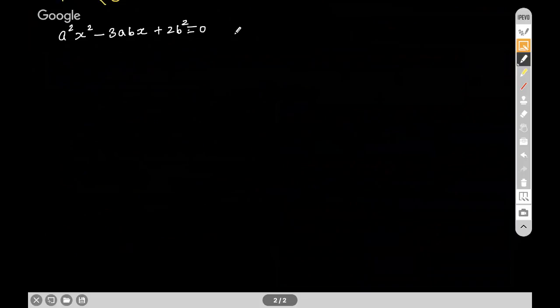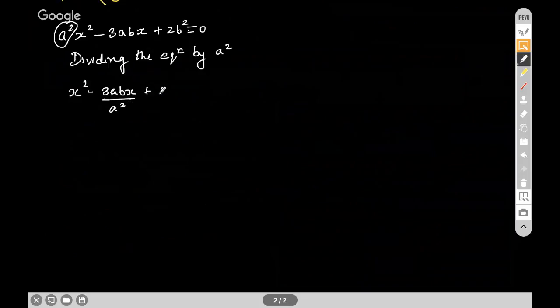Now again, what do we do? Here the coefficient of x square is a square, so let us divide the entire equation by a square. Dividing the equation by a square, you get x square minus 3abx upon a square plus 2b square upon a square equals 0.